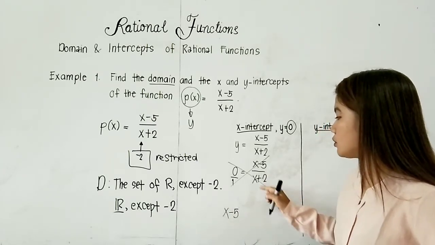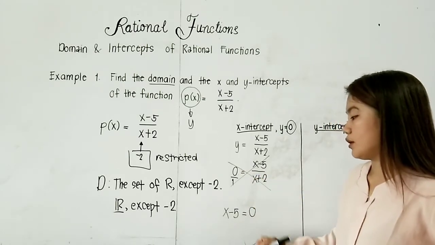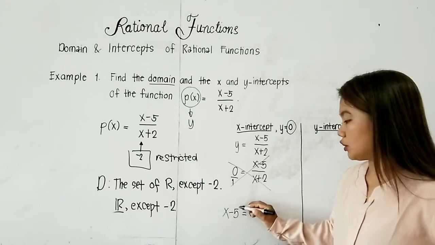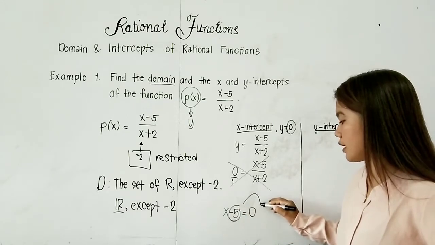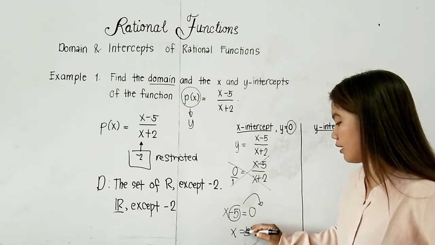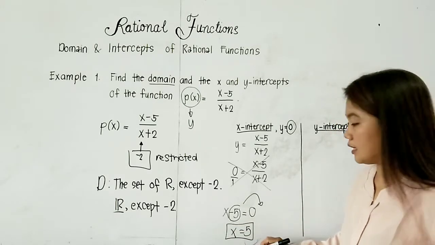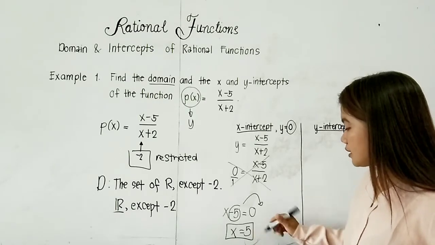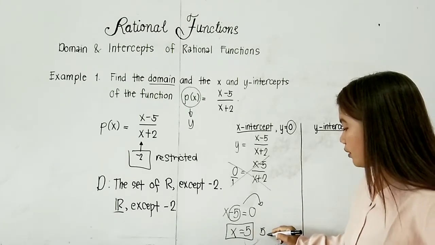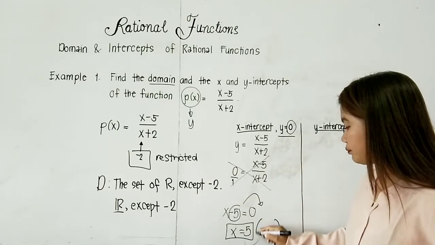And x plus 2 times 0, we have 0. So for us to get the value of x, we will transpose this 5 to the right side. So x is equal to 5. So our x-intercept is positive 5. That is, the value of x is 5 when y is equal to 0.